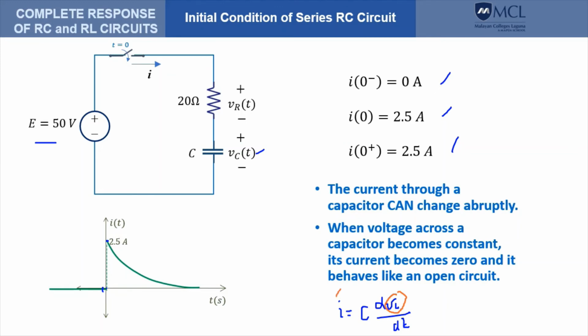That will make your I 0. And if the current through a capacitor is 0, you could interpret that capacitor as an open circuit. So it behaves like an open circuit.